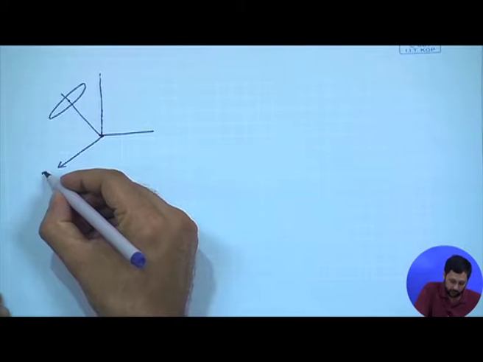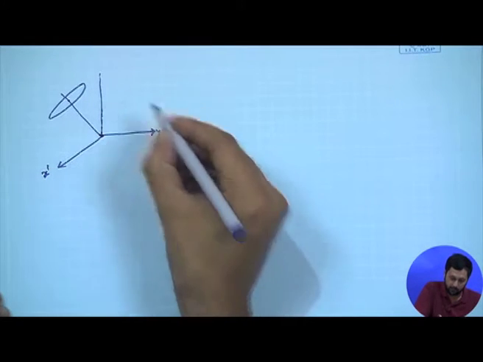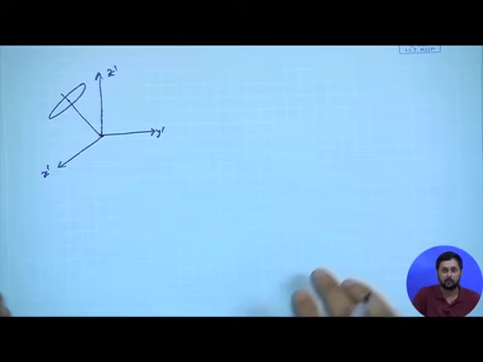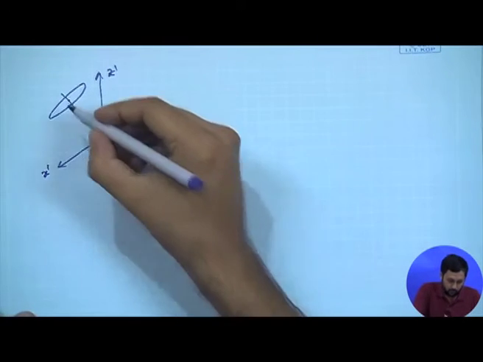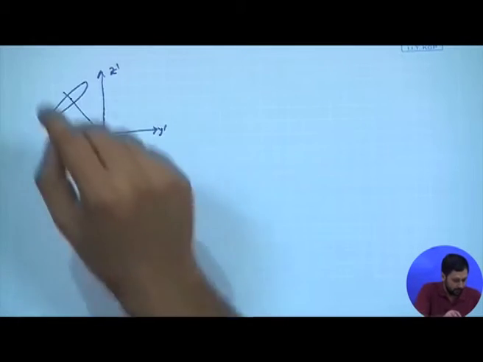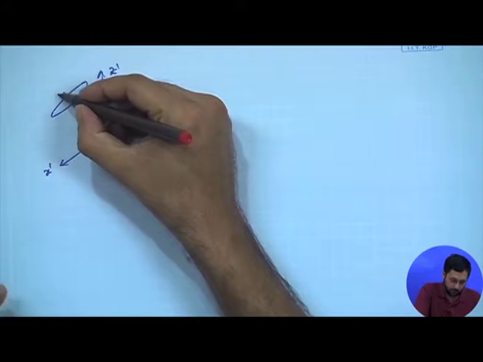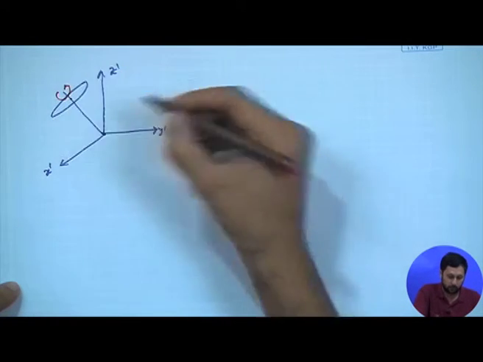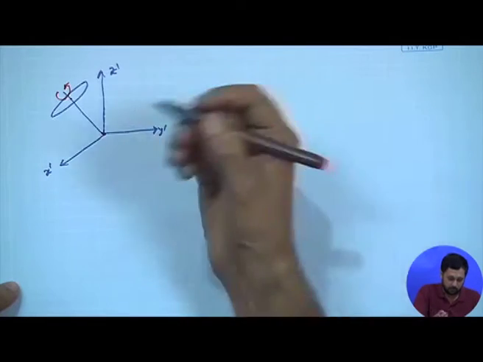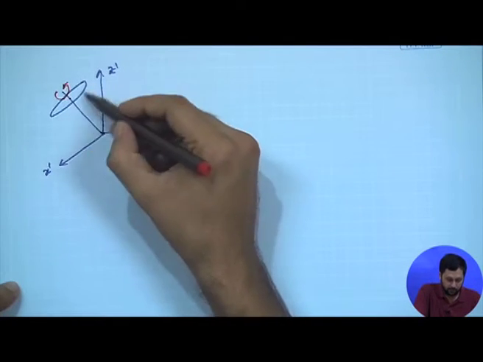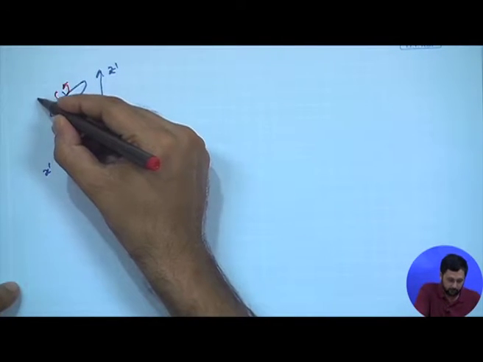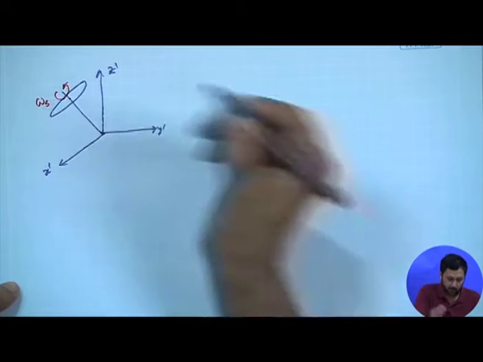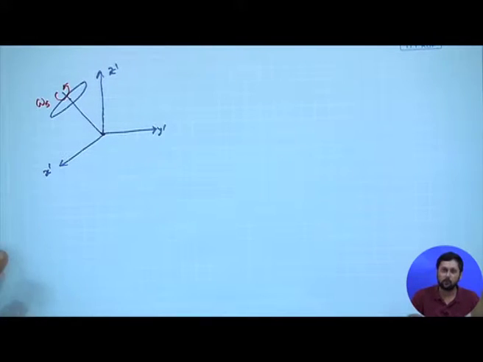So, this is my x prime, this is my y prime, this is my z prime. The first possible motion is the spin motion of the top, spin around its own axis, given by, let us say, a spin velocity omega s, or we can also call it omega z, that is up to you.